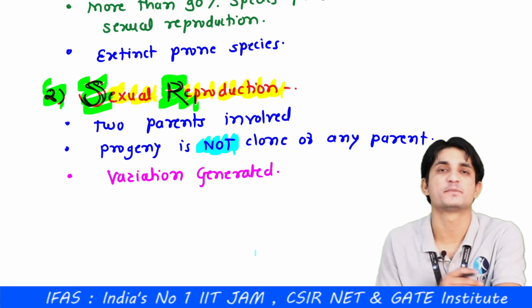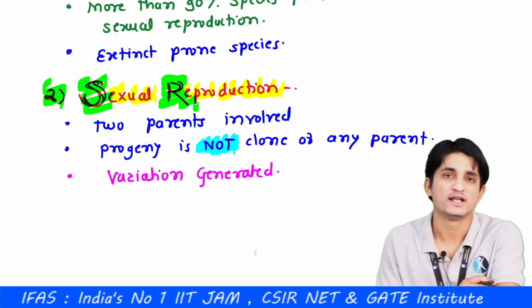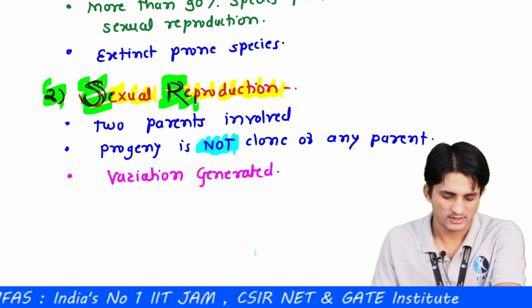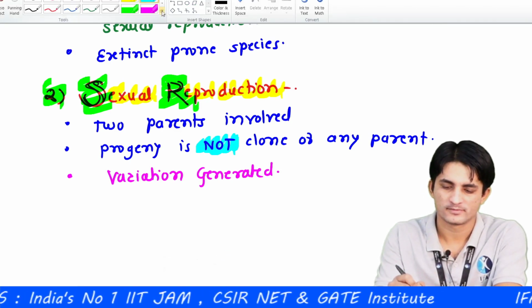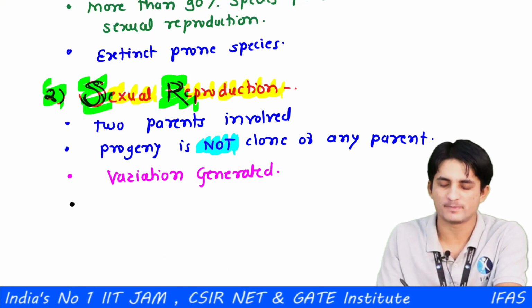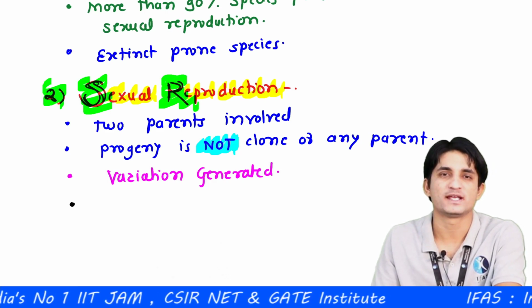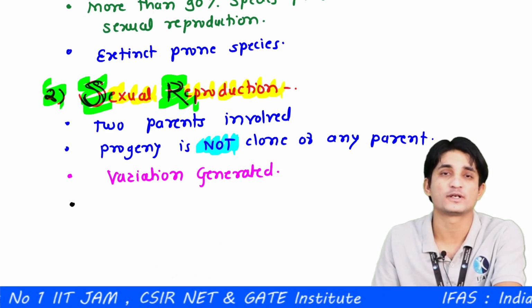So that is the major difference between sexual and asexual reproduction. Now here, 50% of parents give progeny and 50% of parents do not give progeny.